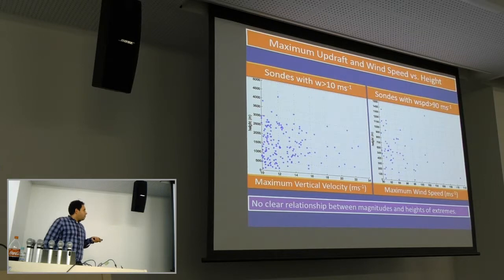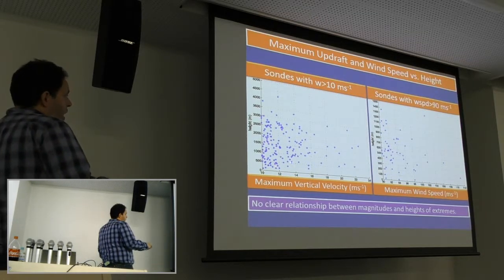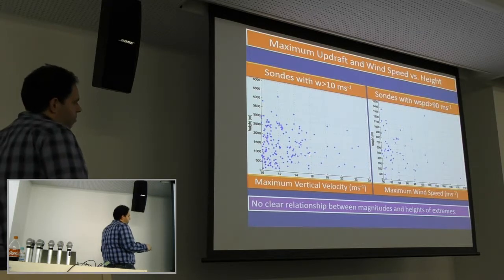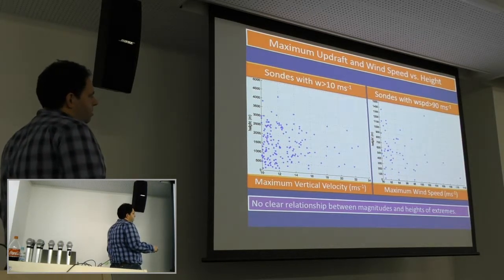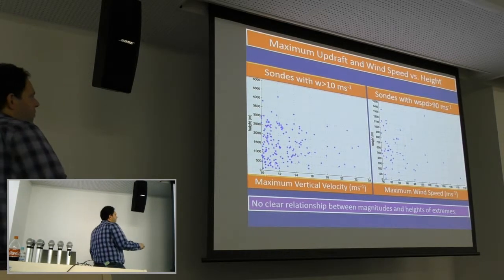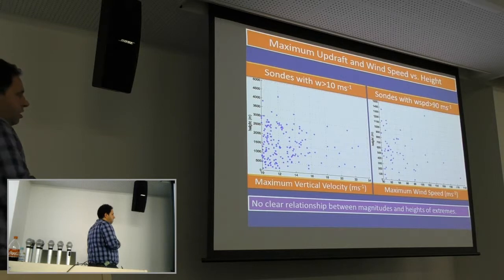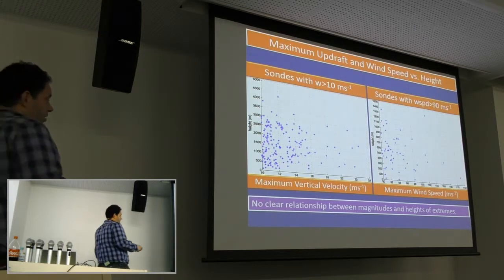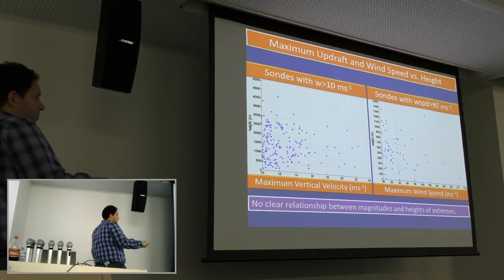And this shows the magnitude of the updrafts on the left and of the wind speeds on the right as a function of the height at which those peaks were found. And you can see the wide range of heights that the updrafts are found over.